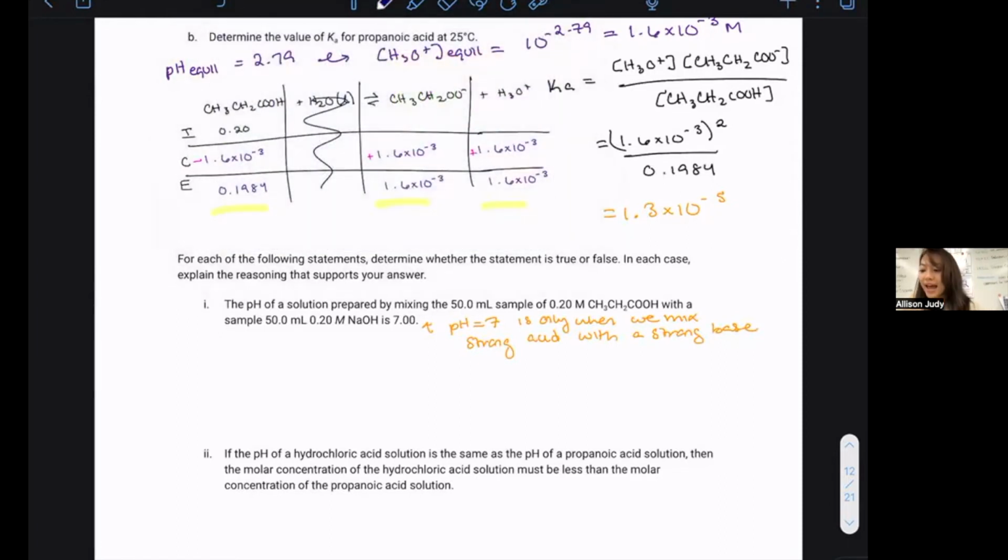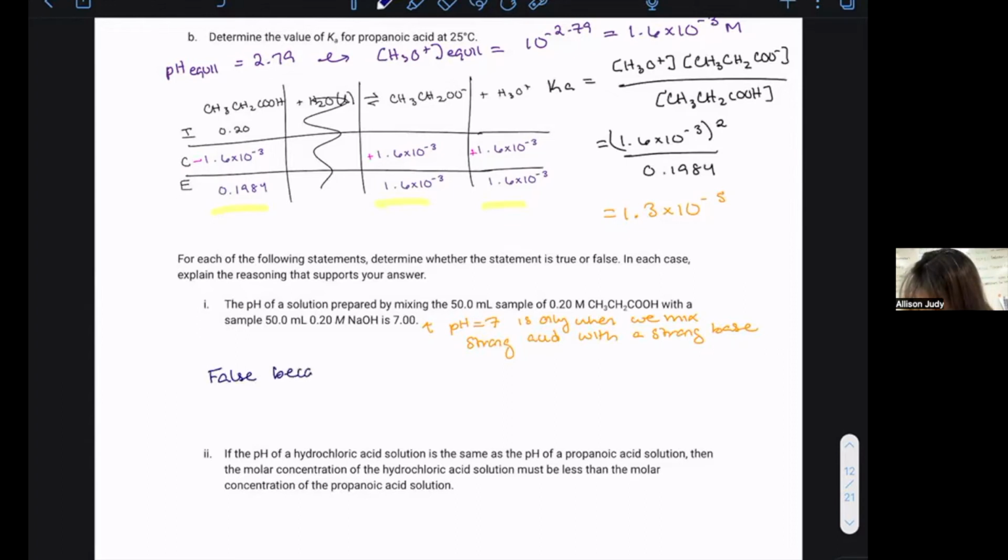So we know that at equivalence will favor base, partly because the weak acid creates a buffer solution where you have conjugate base present. So you not only have a conjugate base present, you also have a strong base present. So you know then that the equilibrium is shifted to a pH higher than 7. So this statement is false, okay?